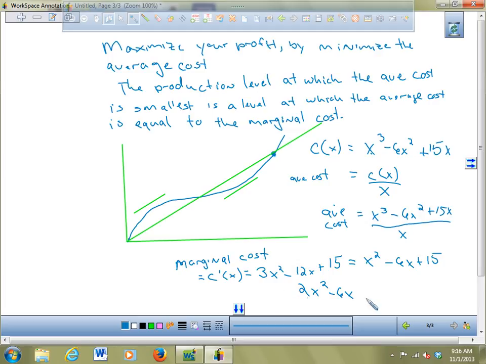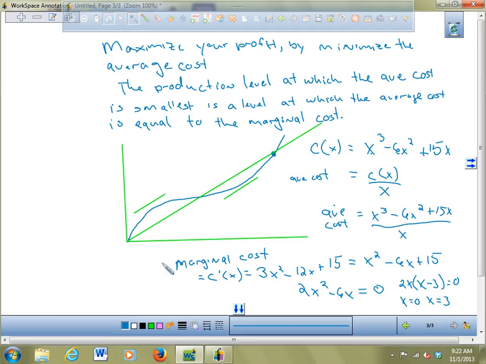So when I solve that system, I get 2x squared minus 6x equals 0. And then I can factor out a 2x from both of those, right? 2x times x minus 3 equals 0. So either x equals 0 or x equals 3, right?